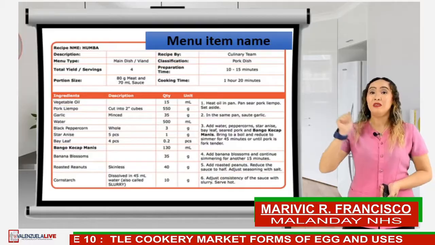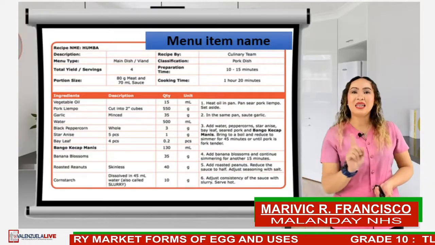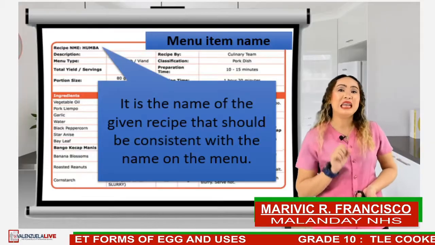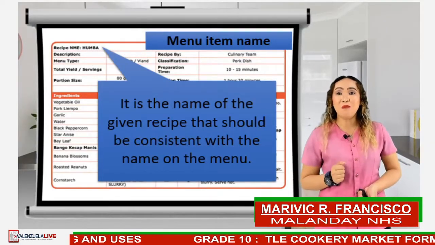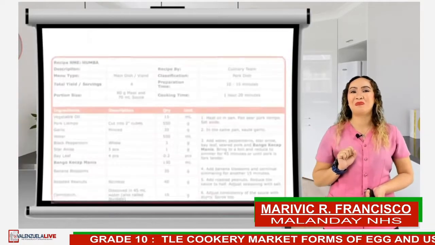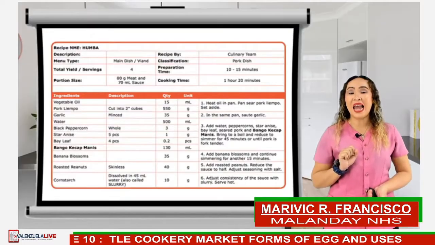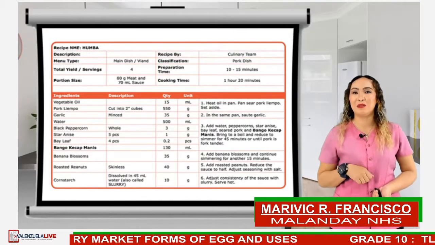First, we have the menu item name. It is the name of the given recipe that should be consistent with the name on the menu. Next, we have the total yield.